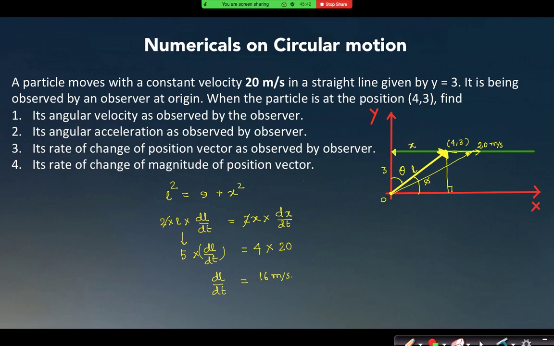Have you understood this one? Look, now there is another way to understand the same question. Suppose the particle is moving in a straight line.